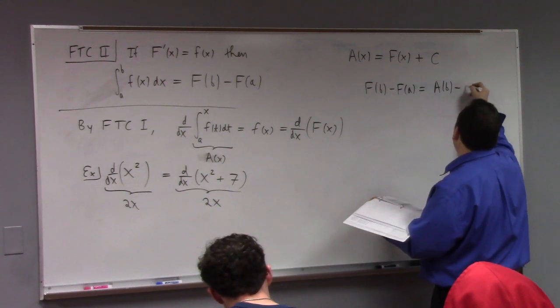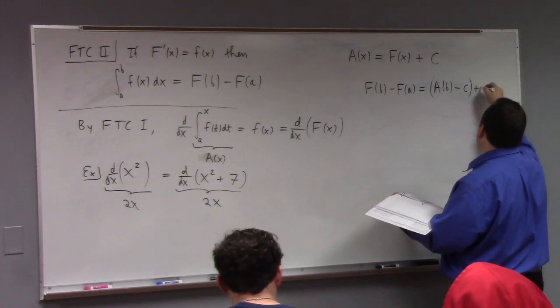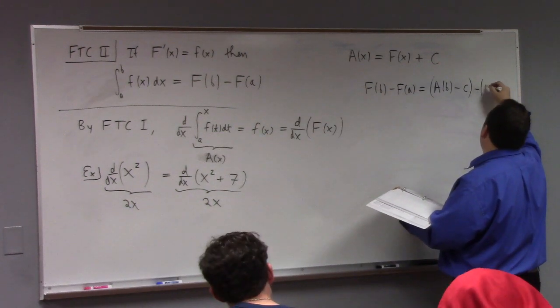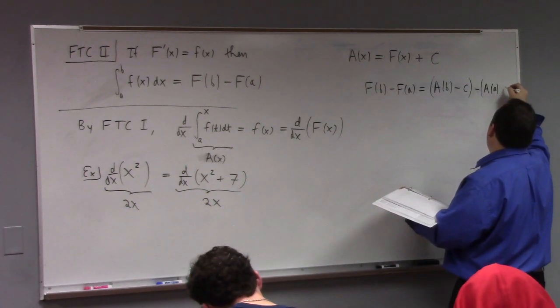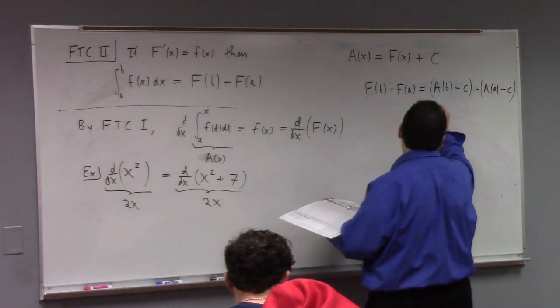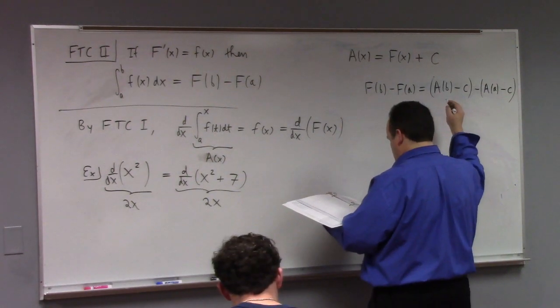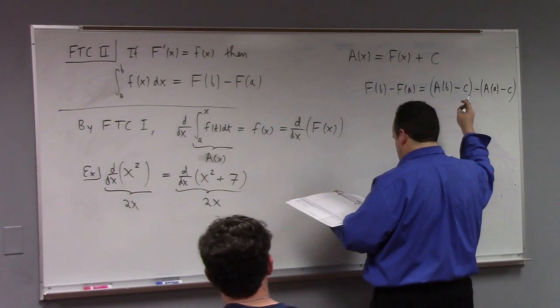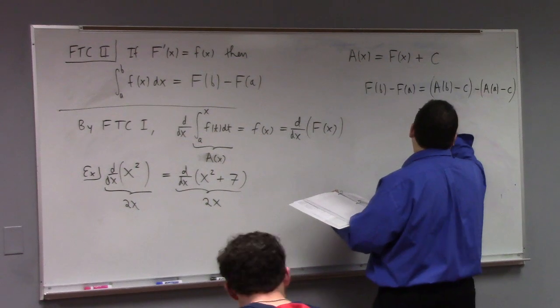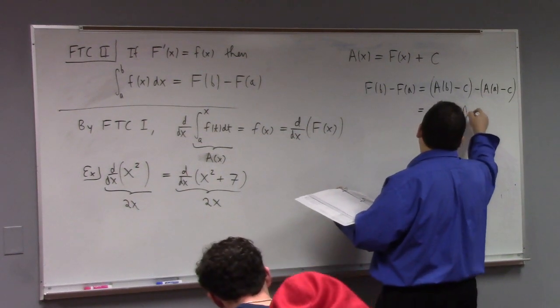I'll do it like this, it's fine. This won't quite match what I have in the handout, that's okay. So minus A of a minus c, right? What happens there? So the c's cancel, and you're left with A of b minus A of a.